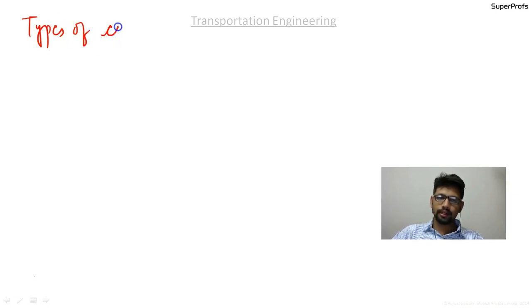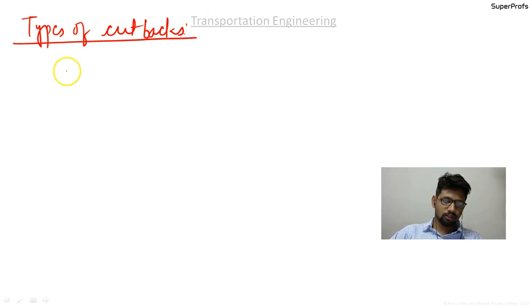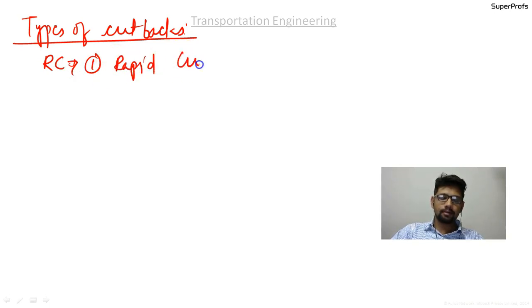Types of cutbacks. Types of cutback bitumens. So first one is the RC, that is the rapid curing one.